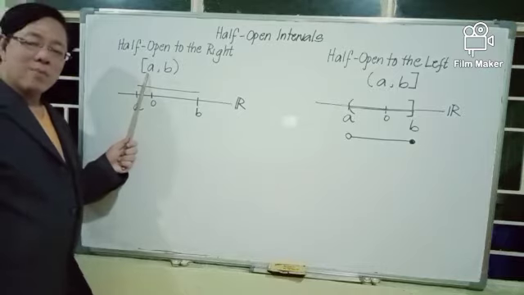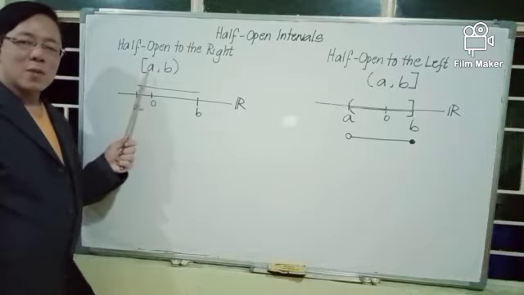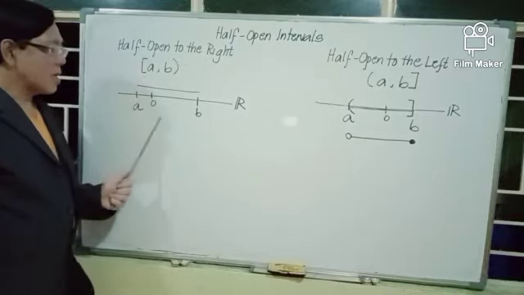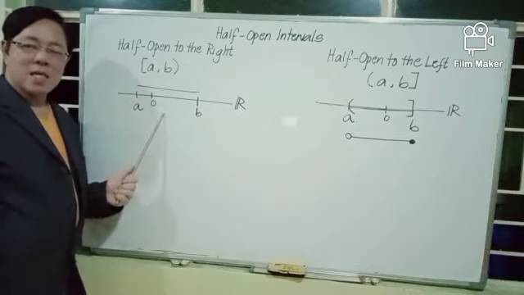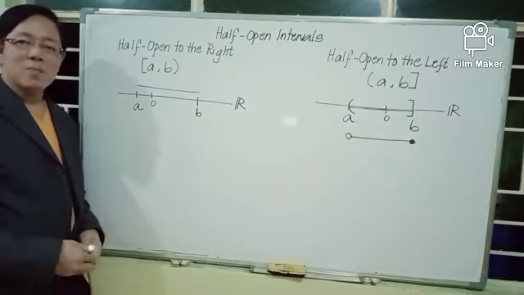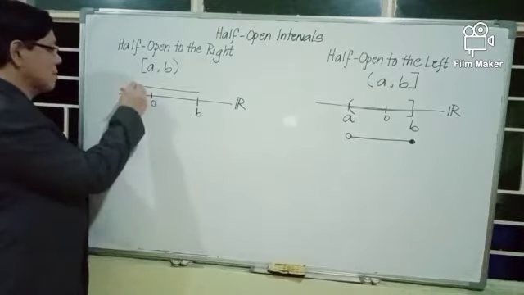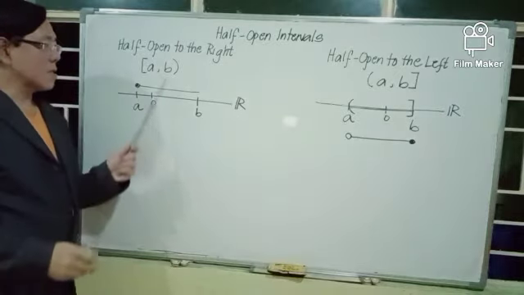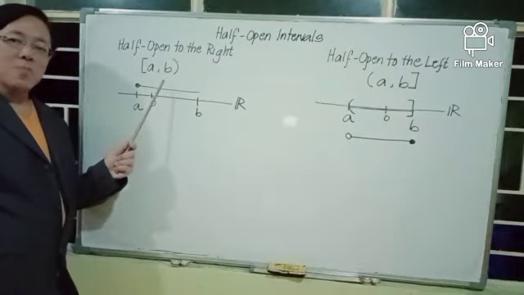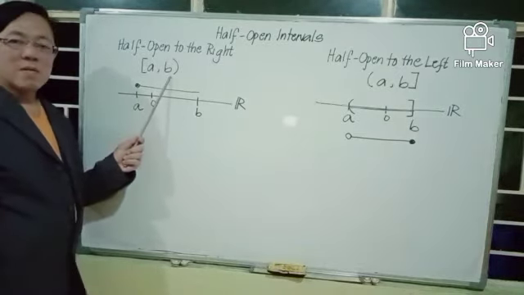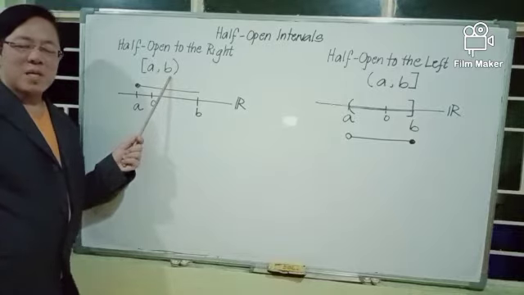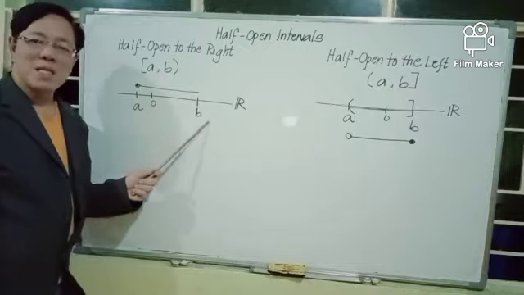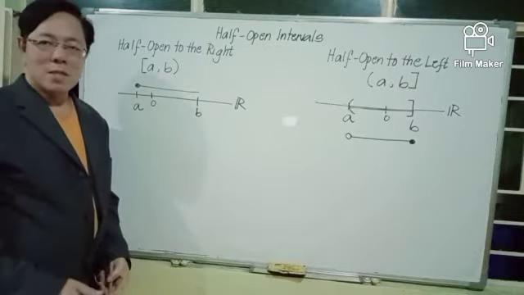The left endpoint or the real number A is included in the set as indicated by this bracket. In the diagram, you may indicate that using the shaded small circle. But because this interval is half open to the right, that means the right endpoint or the real number B is not included in the set. And in the diagram, you can indicate that using the open circle.